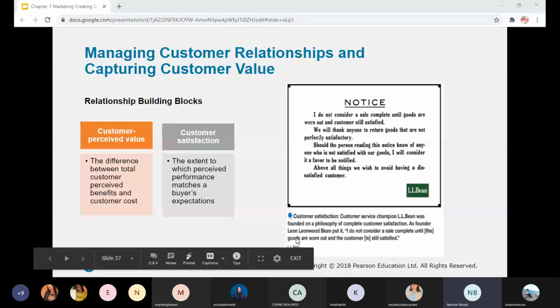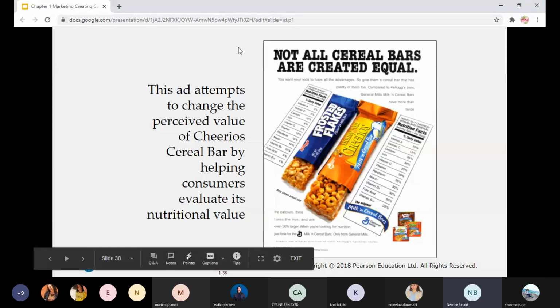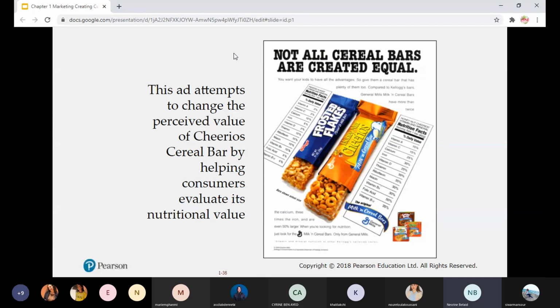Okay? Here we try to explain the real value and what our cereal or cereal bars present with our nutrition facts, okay, and nutritional value. All right.